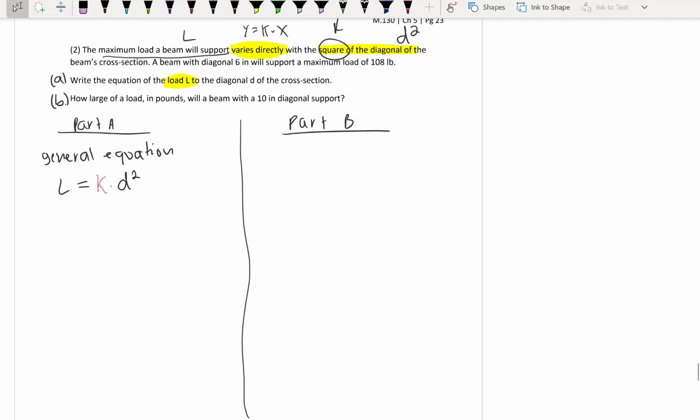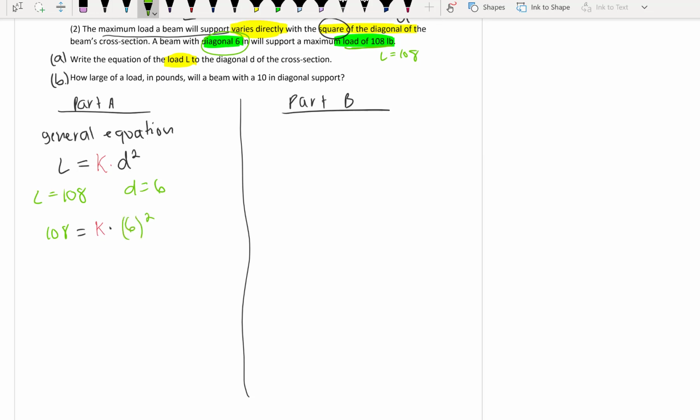The information they give you here is that the diagonal is 6 and the maximum load is 108. So L is equal to 108 and the diagonal is equal to 6. When I plug this in, I have 108 is equal to the k value you're trying to find, multiplied by 6 squared.